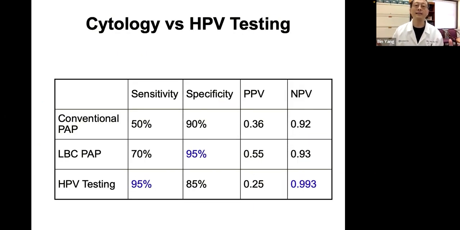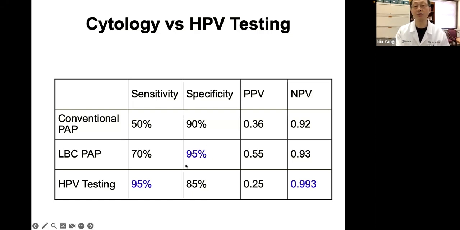So, cytology and HPV testing. If you look at sensitivity and specificity, HPV testing is highest. Regardless of how much you drop your diagnostic threshold for ASCUS, cytology never surpasses the sensitivity of HPV testing. But on the other hand, cervical cytology provides great specificity.